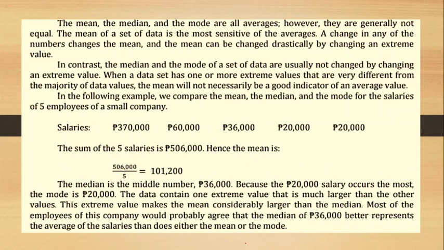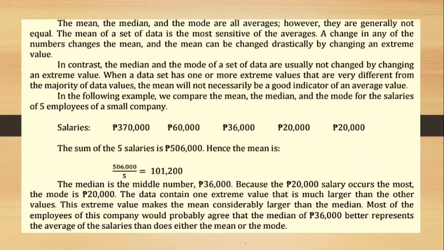The mean, the median, and the mode are all averages. However, they are generally not equal. The mean of a set of data is the most sensitive of the averages. So, yung mean kasi kailangan tama yung sum mo or yung total at tsaka tama yung pag-divide mo. Okay?